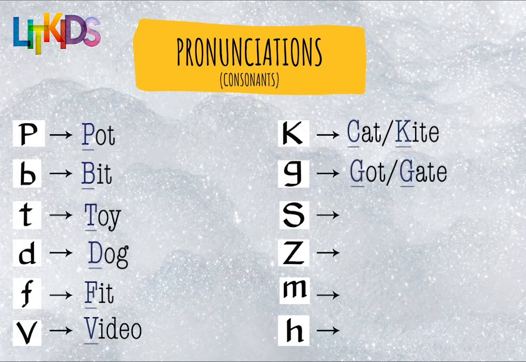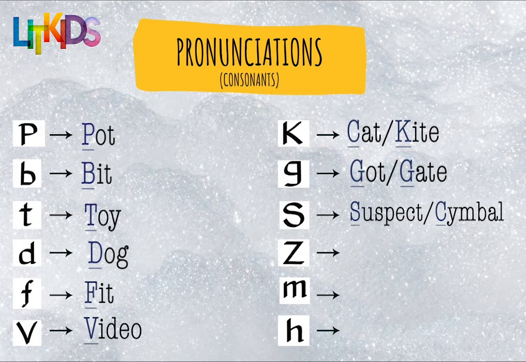We have the g sound, which is got and gate. We have the s sound, which is sometimes with an s in suspect and sometimes with a c as in symbol. Next, we have the z sound in zoo.